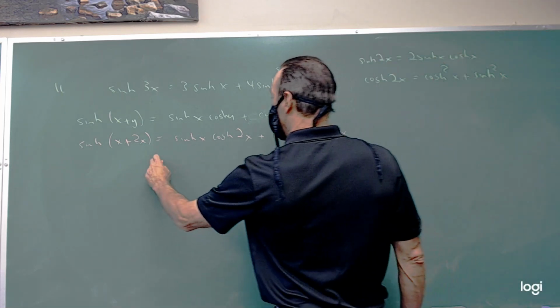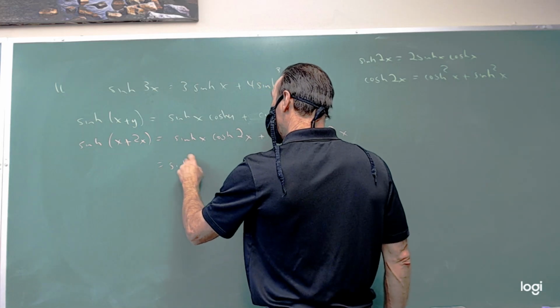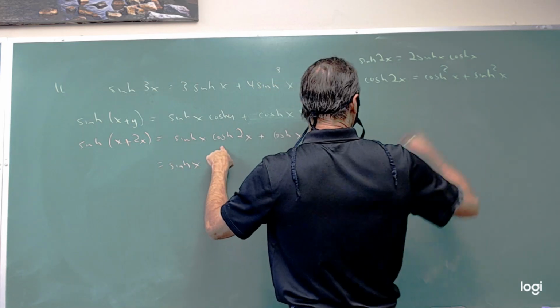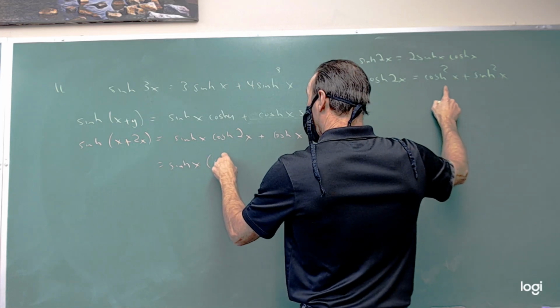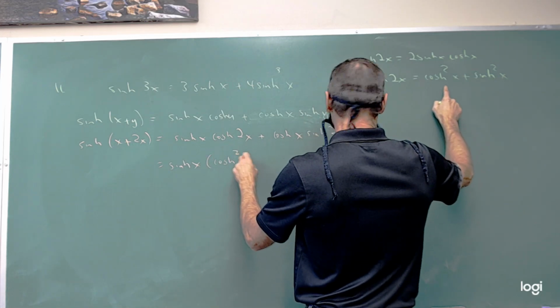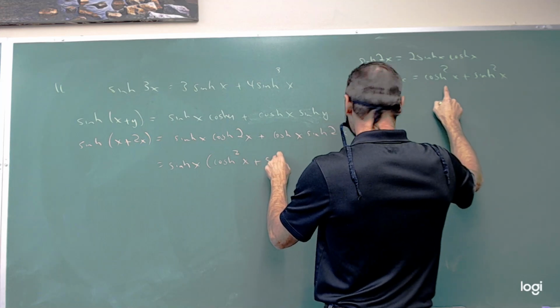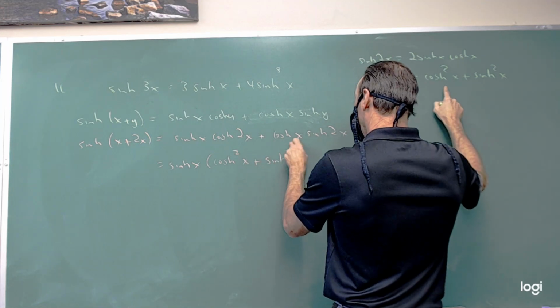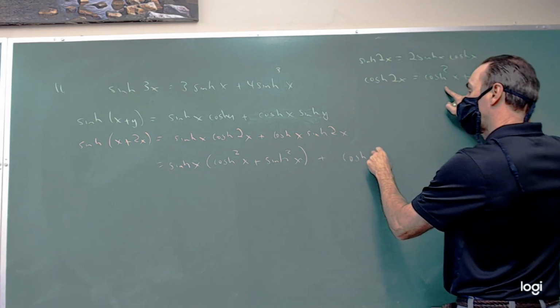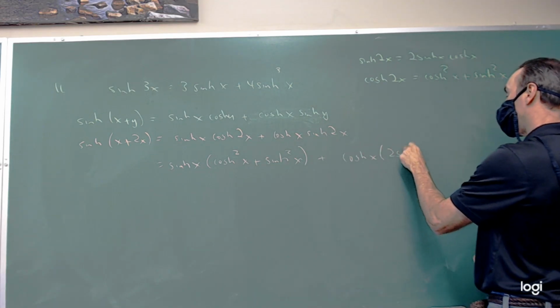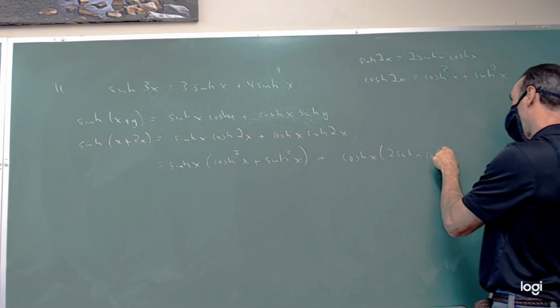That's going to become, I believe, sinh x times cosh 2x, which we're going to call cosh squared x plus sinh squared x. I don't like that cosh squared in there. I was hoping we'd get all sinhs. Plus cosh x times 2 sinh x cosh x.